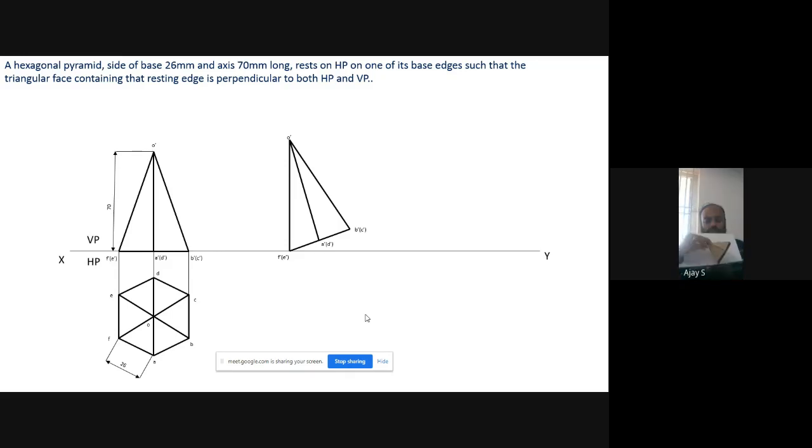Now this top view, how will it look if it is perpendicular to HP and VP? So that we'll see.